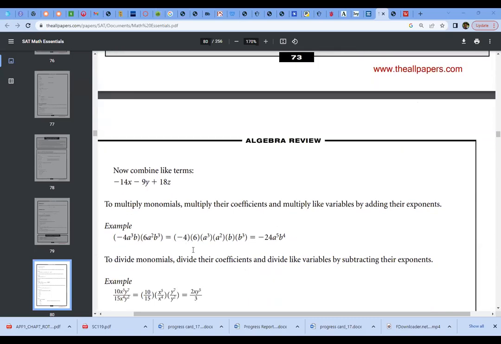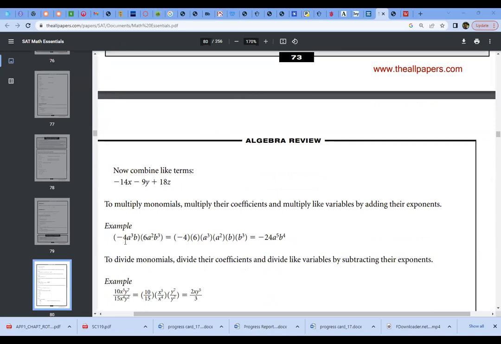When you multiply polynomials, you multiply the coefficients. If you need to multiply negative 4a to the power 3 b with 6a squared b to the power 3, we first multiply the numbers and then the variables, and then you have the final result.